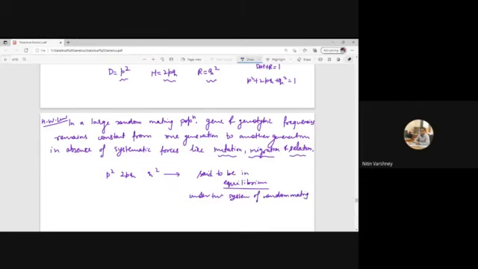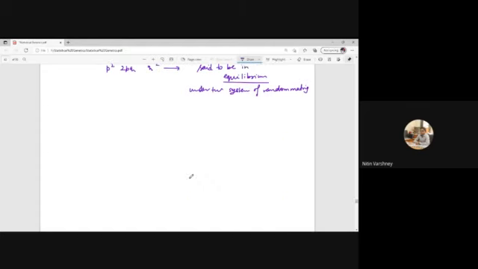If the gene and genotypic frequencies remain constant over generations, then we can say that this population is in equilibrium.